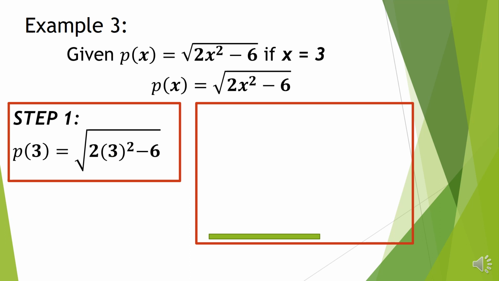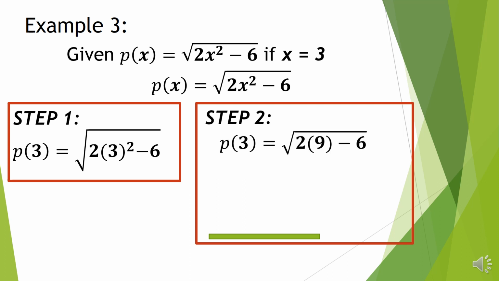So we have now p of 3 is equal to the square root of 2 times 3 squared minus 6. Now, let us perform the operations. So, step number 2. We have p of 3 is equal to the square root of 2 times 9. The 9 here came from 3 squared.